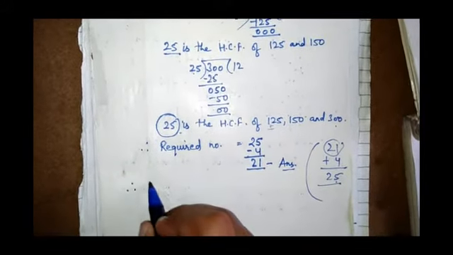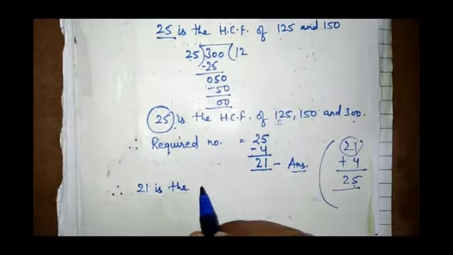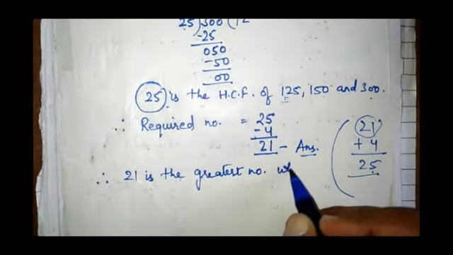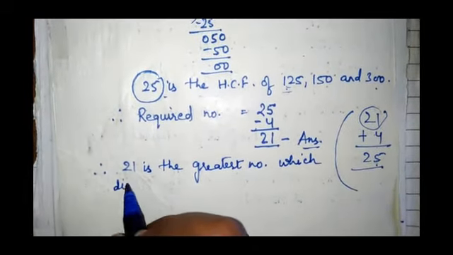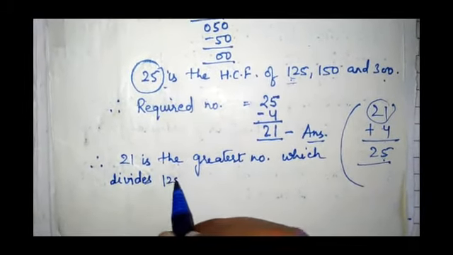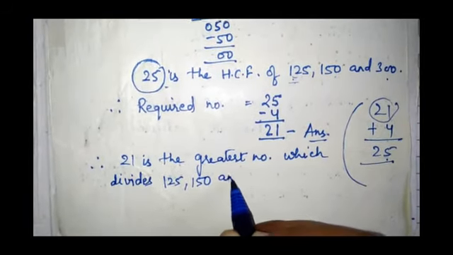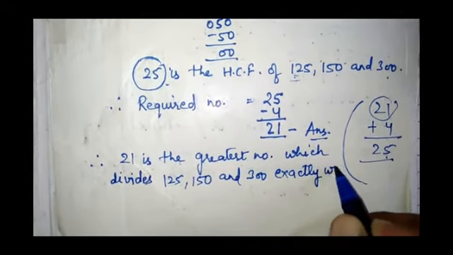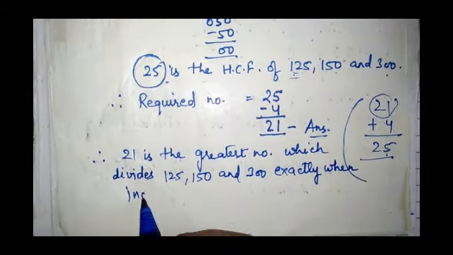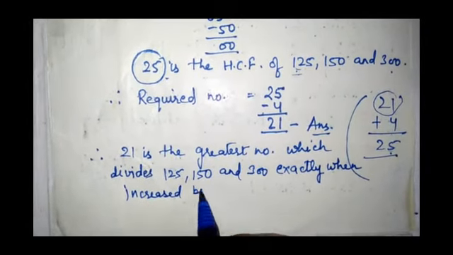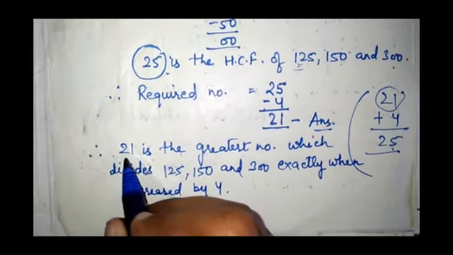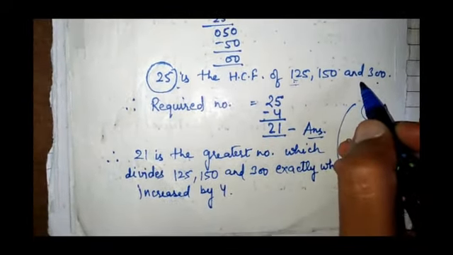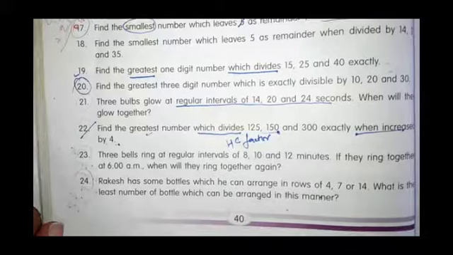You will write: 21 is the greatest number which divides 125, 150 and 300 exactly when increased by 4, right? When you increase 21 by 4, you will get 25 and then it will divide the three numbers exactly.